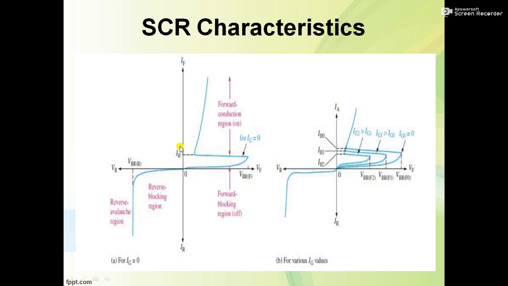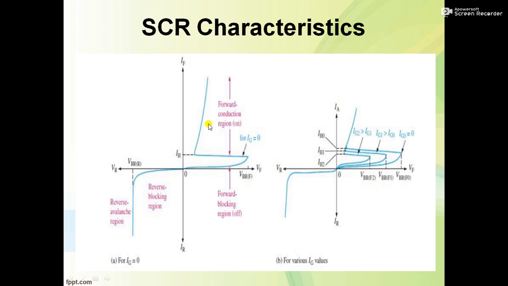The next point is, when the SCR is turned on from the off state, the forward current is above the level of the holding current, and that current is called IL, that means latching current.